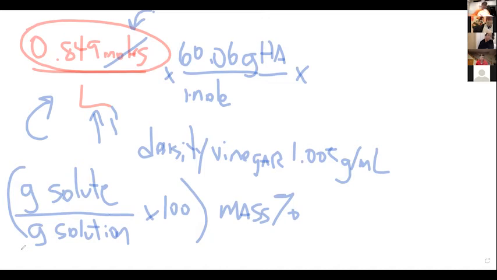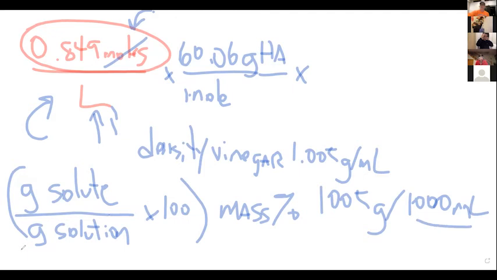Since I want liters, I could just convert this right away to mass per liter. I just multiply both top and bottom by 1,000, right? That would be equivalent to 1,005 grams in 1,000 mL. Well, what's 1,000 mL? That's a liter.